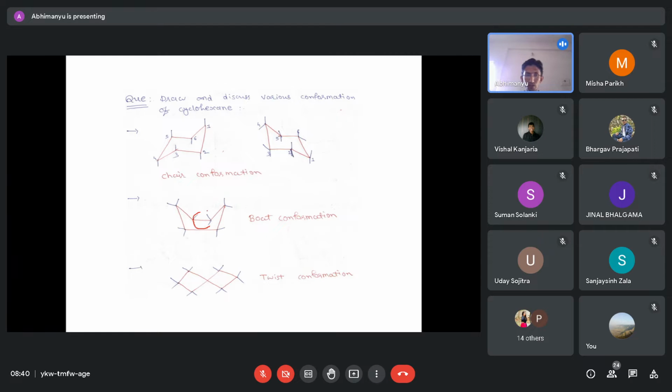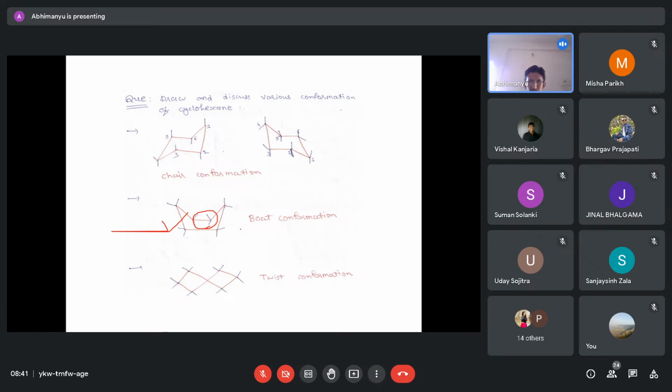Which one? Okay, 1,2. It is not possible in chair conformations. It is really difficult to form these molecules. Boat conformation is not a stable molecule.